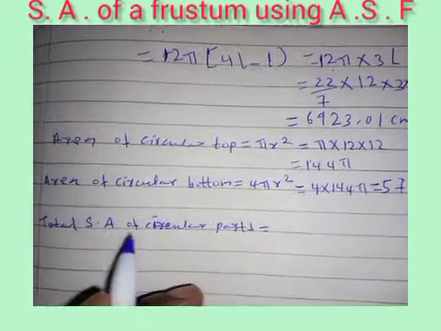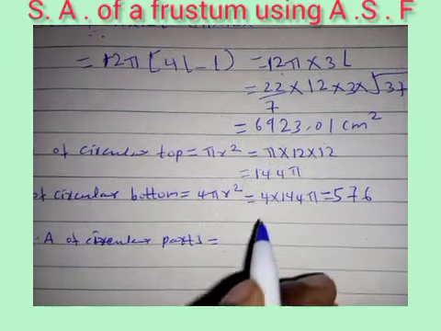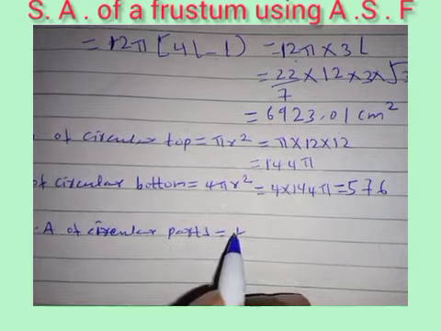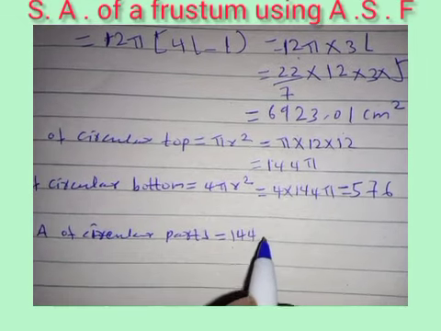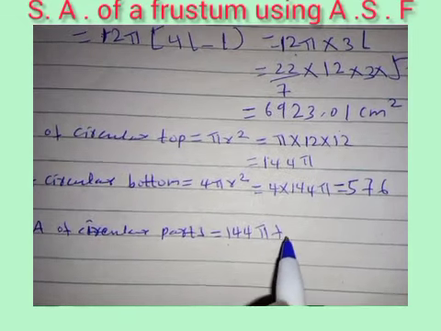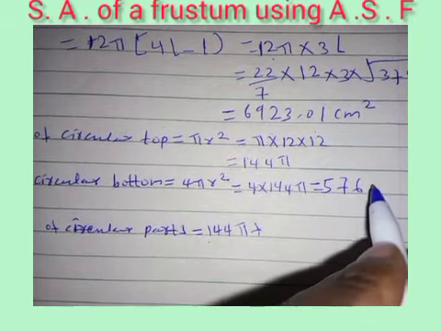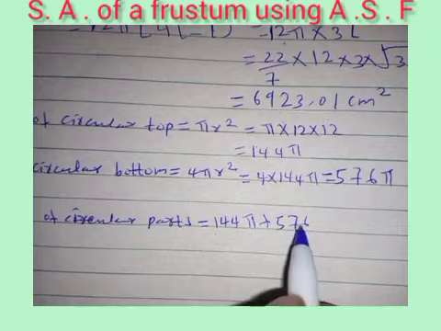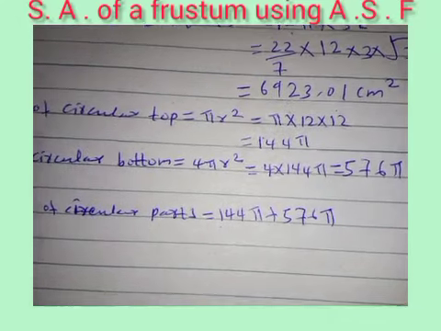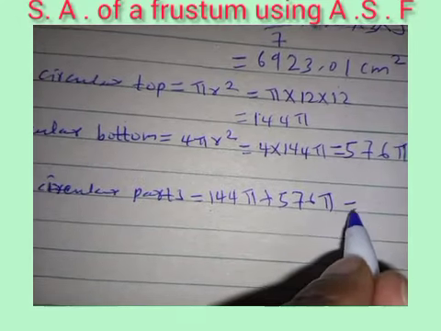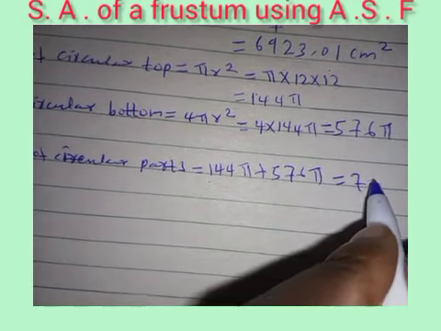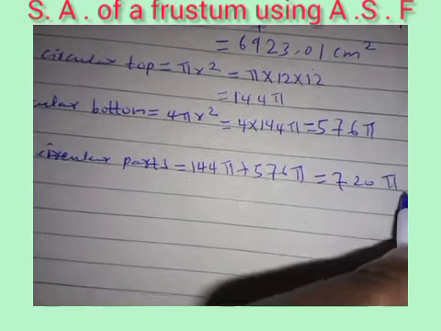So total surface area of circular part will be given by the top, which is 144 pi, plus 576 pi. When you add these two, this will give you 720 pi.